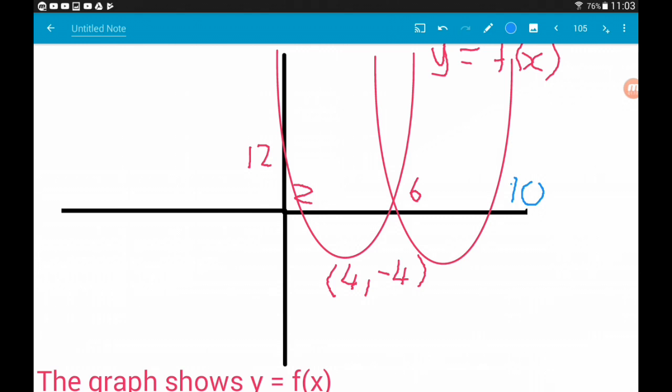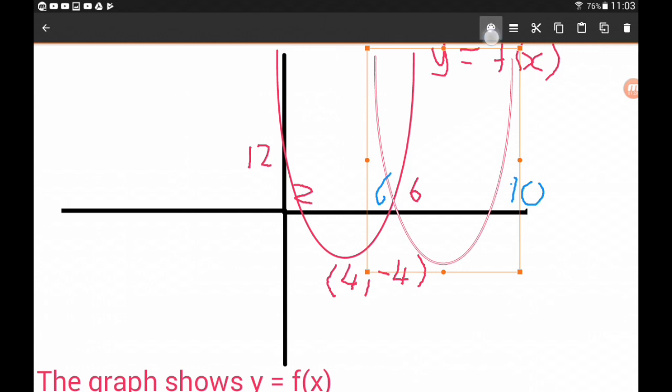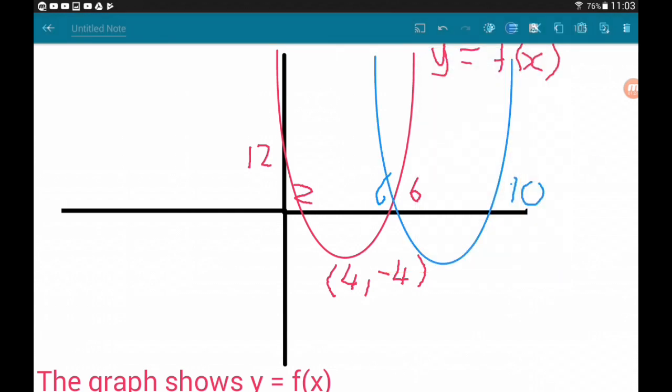Let's put a blue 6 in to show it belongs to the transformed graph. So we should change the colour of the graph. There we go. Okay, and then the coordinates of the minimum: the x coordinate is just going to be 4 places on from 4, so it's going to be 8.